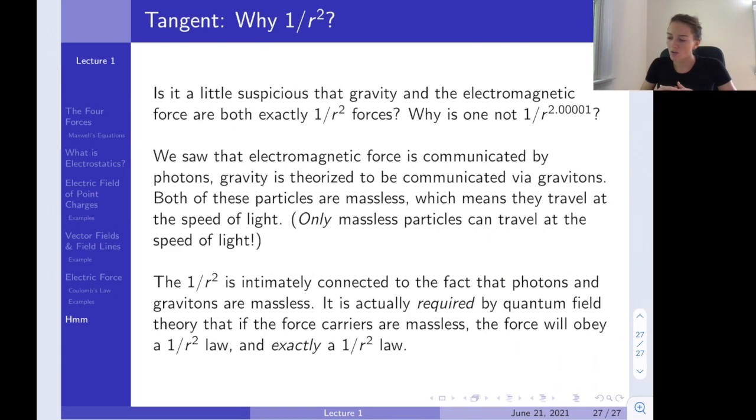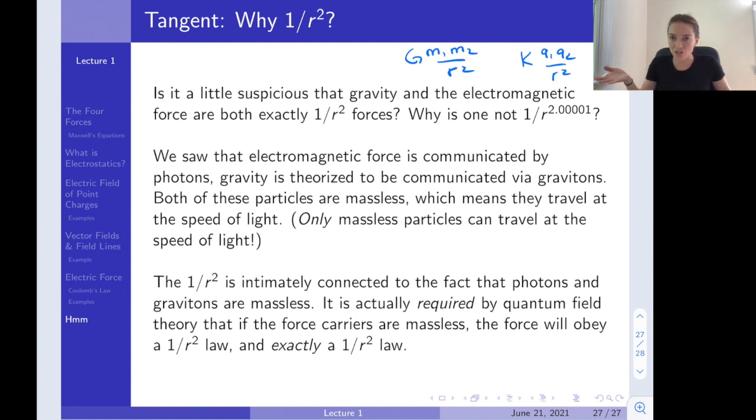Okay, so one little tangent that we should just mention is I kind of alluded to before that electricity, or the electromagnetic force, and gravity are sort of similar, and that's because they both have a 1 over r squared force law, right? When we did gravity in 7C, you probably saw this formula for the gravitational force. And this sort of looks exactly like Coulomb's law, right? We have a constant, and then Q1 and Q2 over r squared.